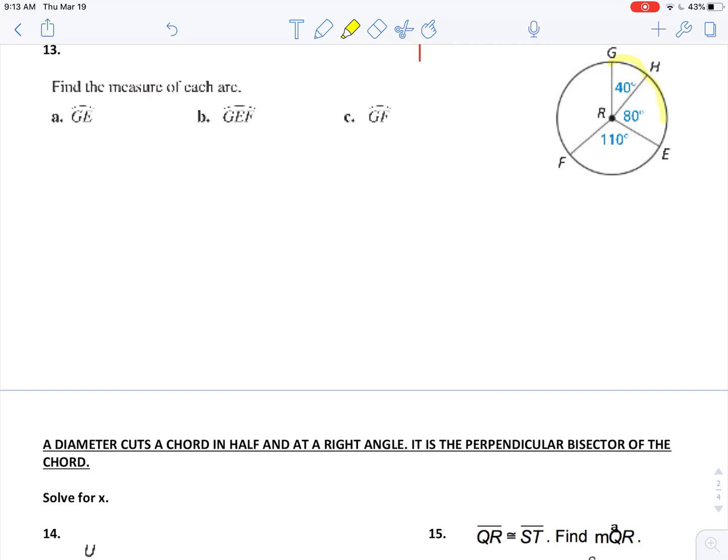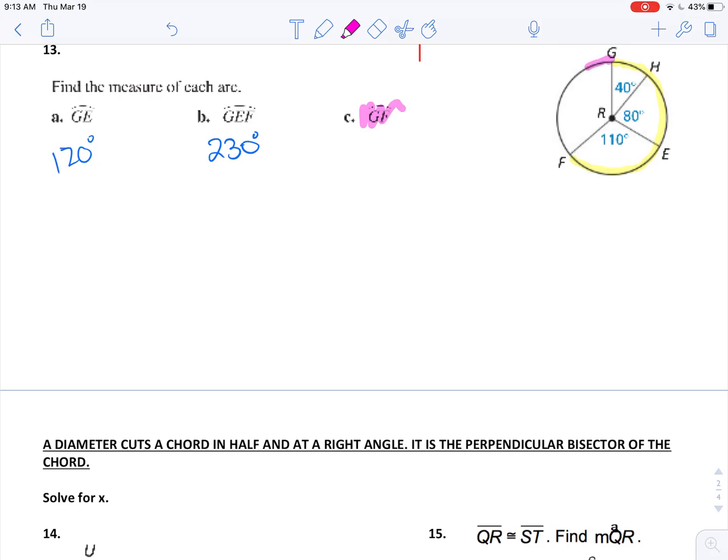So was it GE? So GE, add those up. 40 plus 80 is 120. Now let's do GEF. That's 40 plus 80 is 120. Plus 110 is 230.